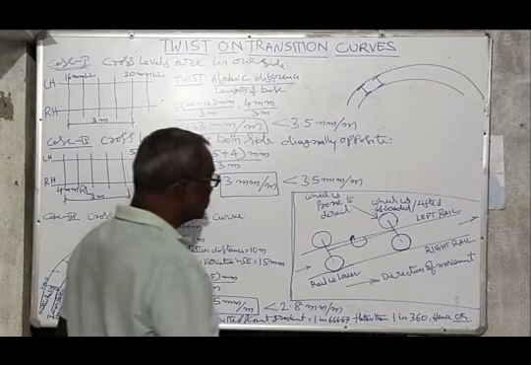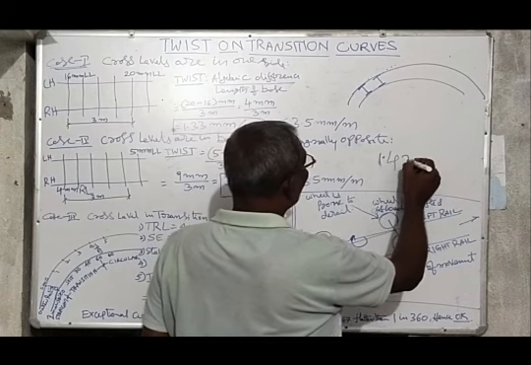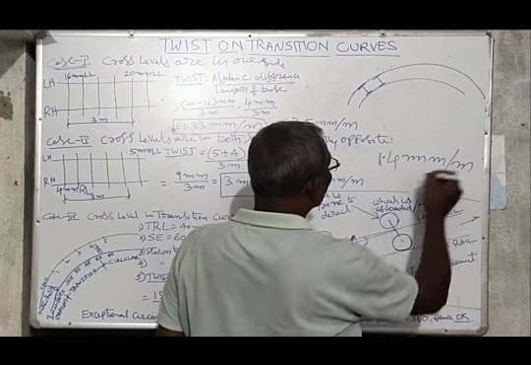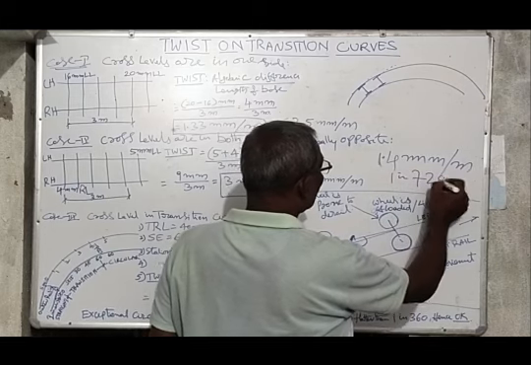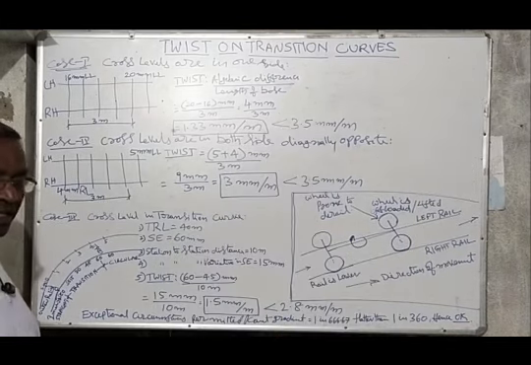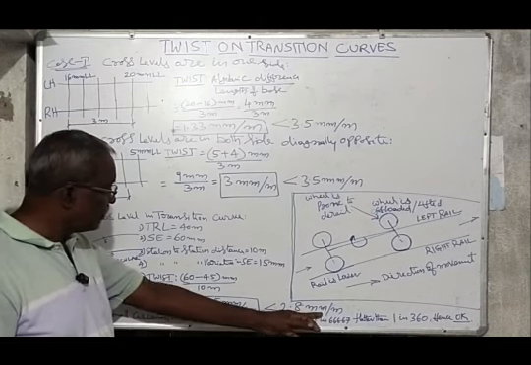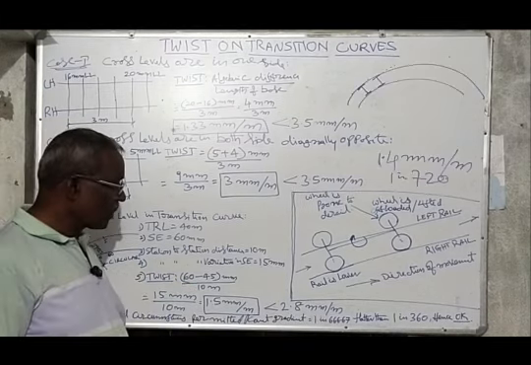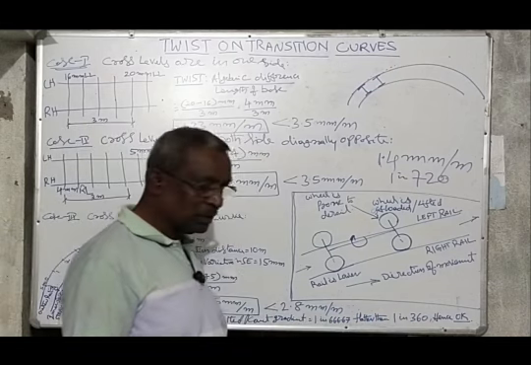For transition curves, desirable is 1.4 mm per meter, whose cant gradient is 1 in 720. In exceptional circumstances, 2.8 mm per meter is permitted, and its cant gradient is 1 in 360.